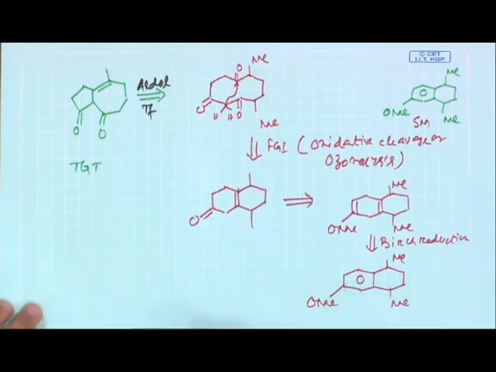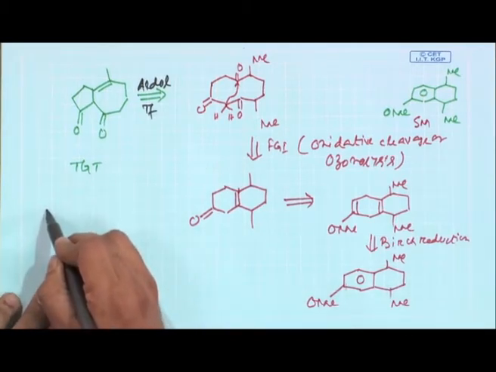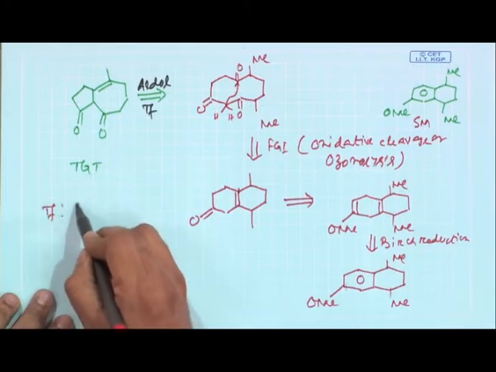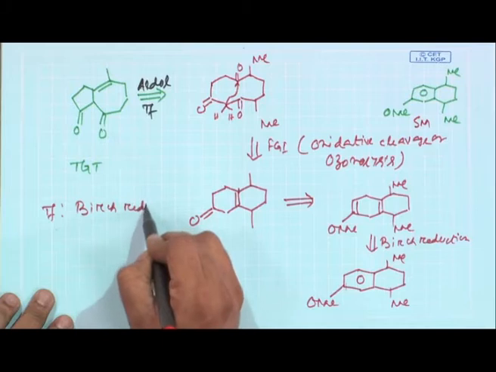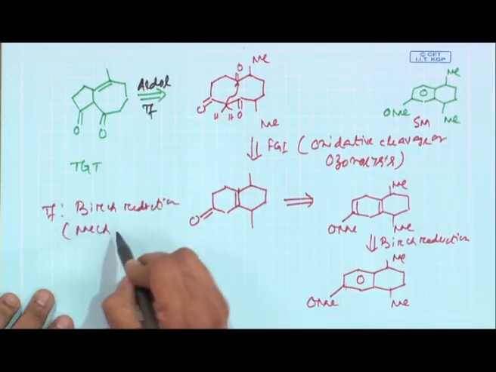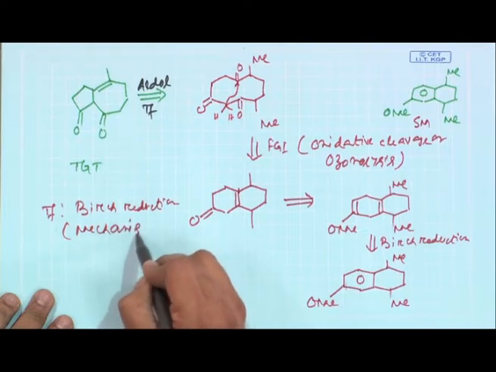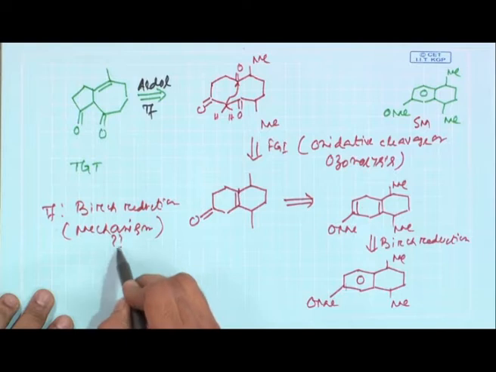Now, this entire transformation you can formulate, and what you need to know is the Birch reduction, but the point is you have to emphasize the mechanism: if you have an electron releasing group in one of the aromatic rings, what particular regioisomer you are going to get. This part is very important.